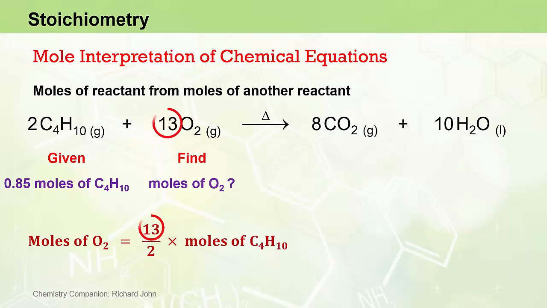The 13 comes from the stoichiometric coefficient of the substance we have been asked to find information about, divided by the 2, which is the stoichiometric coefficient of the substance we have been given information about. And we multiply that ratio by the starting moles of butane, which is 13 on 2 times 0.85 moles, and using our calculator we get that answer to be 5.5 moles of oxygen would be required to react exactly with 0.85 moles of butane.